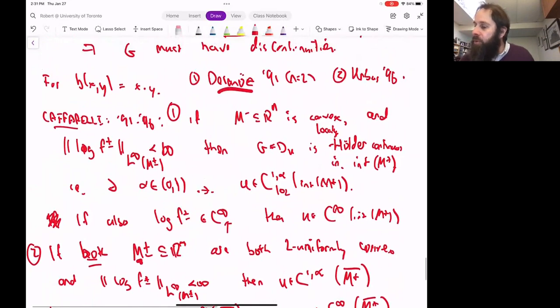The Delanoë-Urbas arguments were quite different. They relied on something called the continuity method, which basically says you try to write down a one parameter family of problems, interpolating between some problem that you know the answer to, like, let me find the optimal map between mu plus and itself, which I know is the identity map, which is as smooth as can be, and the optimal map between mu plus and mu minus I'm interested in.